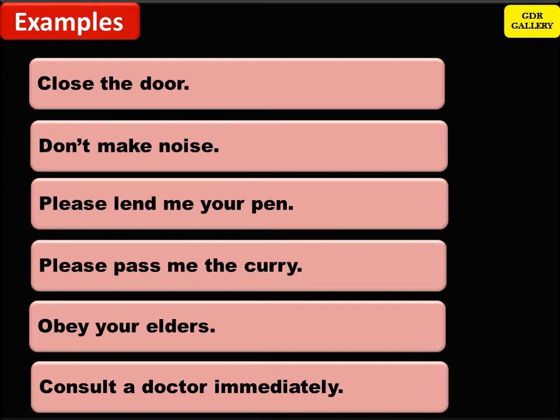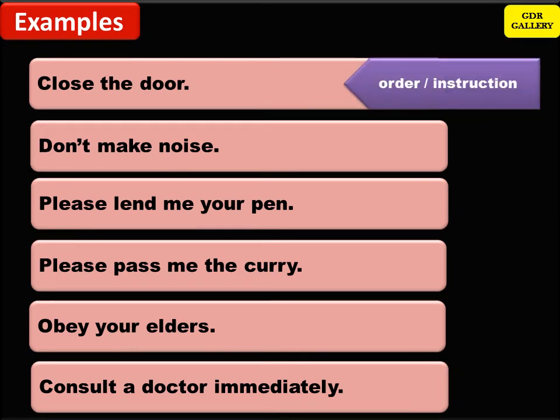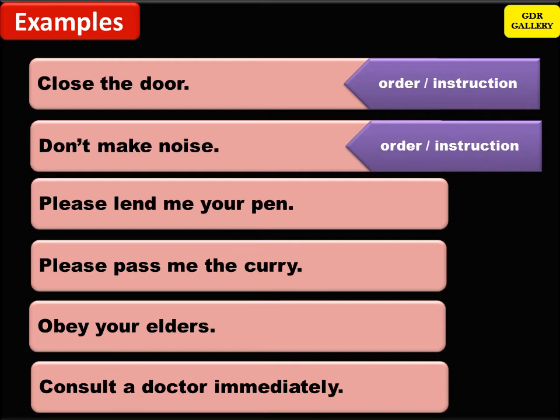Now we know that imperative sentences give orders, request, or advice. Now let us see the first sentence. Close the door. It is an instruction, or you can also call it as an order. Don't make noise. It is also an order, or you can also say it as instruction. Now let's see the next sentences. Two sentences. Please lend me your pen. Please pass me the curry.